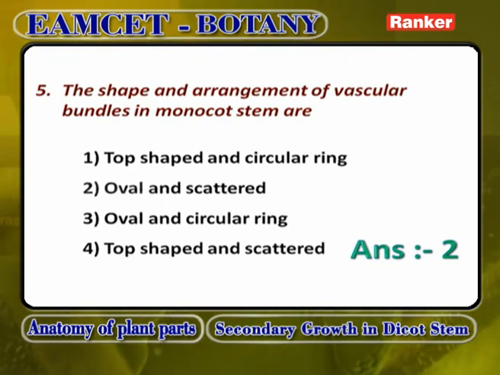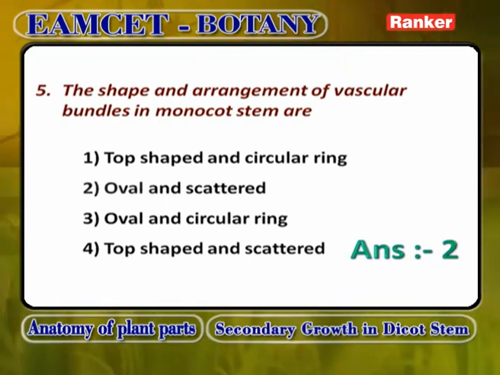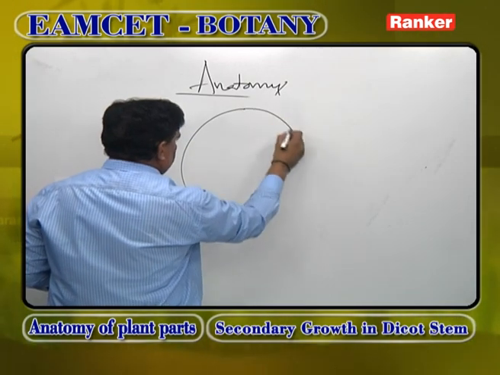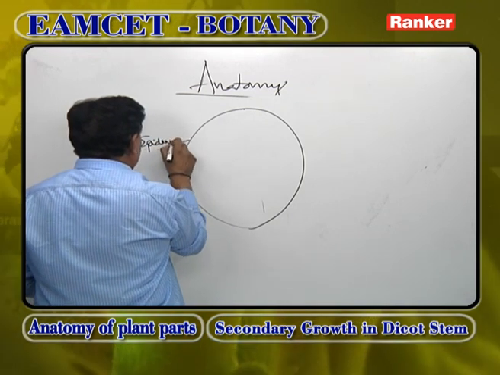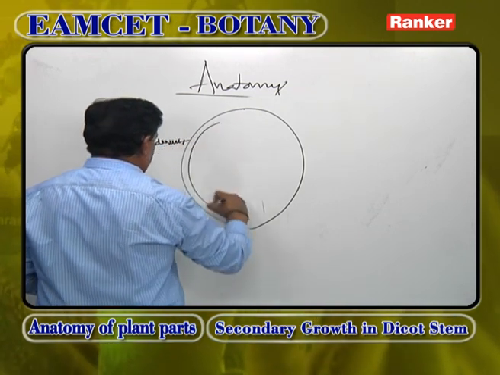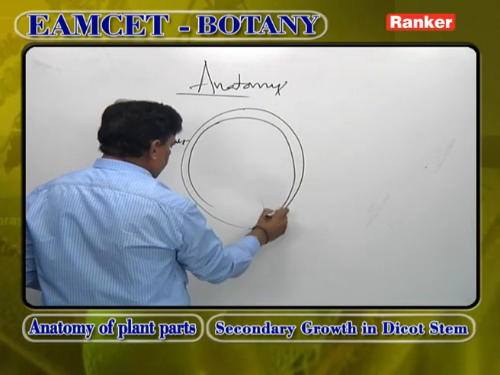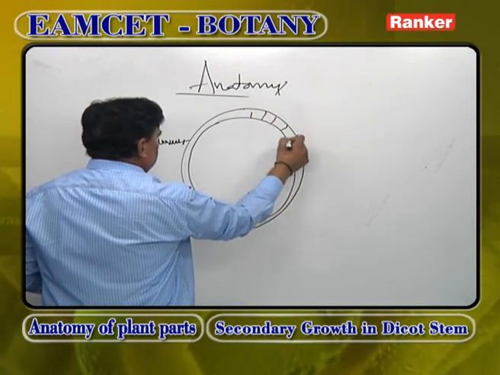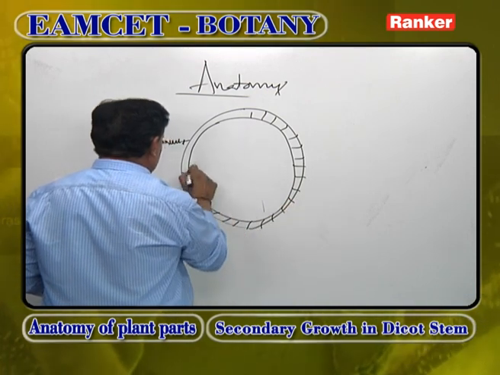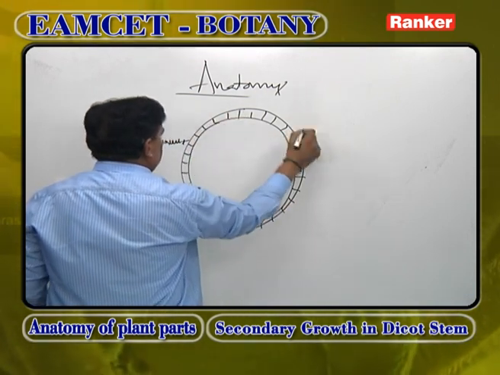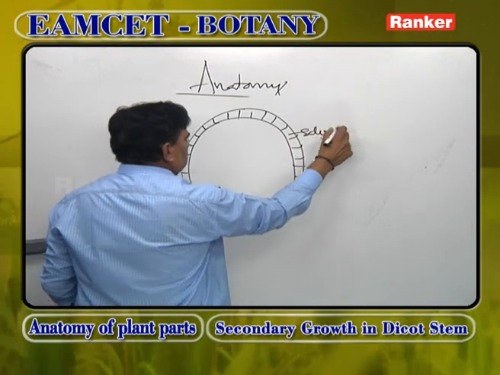The shape and arrangement of vascular bundles in a monocot stem are? Whenever you see the ground plan of a monocot stem, it shows epidermis without trichomes. Just below the epidermis, there is a sclerenchymatous hypodermis. In dicot stem, the hypodermis is collenchymatous; in monocot stem, it is sclerenchymatous.